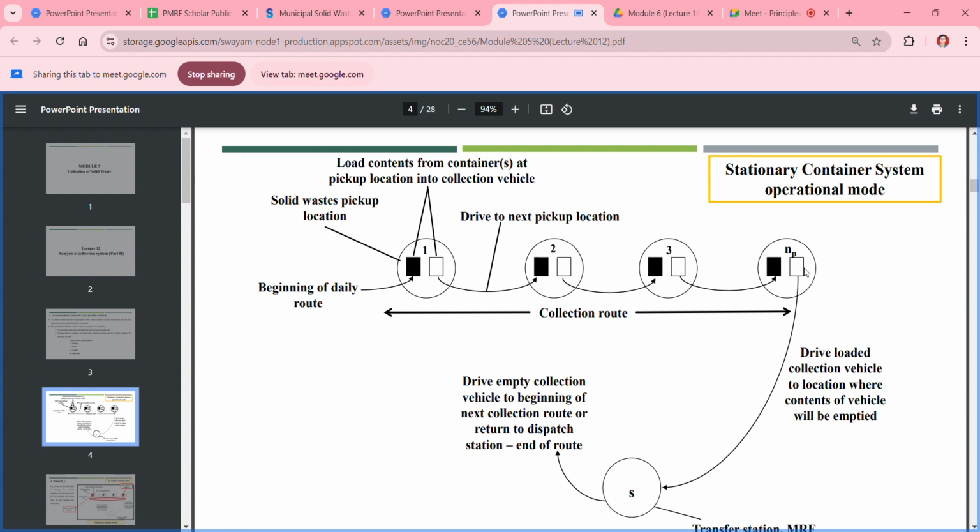The number of collection points for a single trip can vary according to the volume of the truck and the volume of waste generated at that particular site or route. Let's say the volume of the truck is fixed, like we have a truck of 6 meter cube volume.